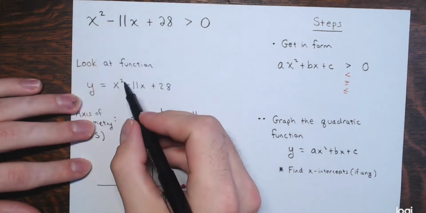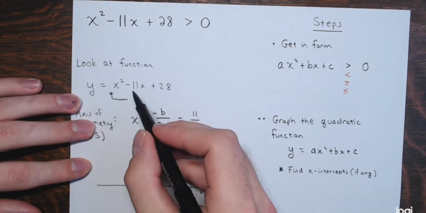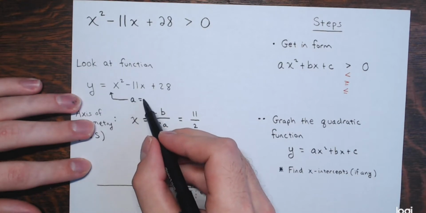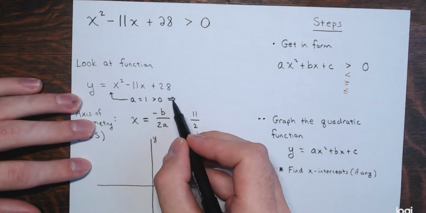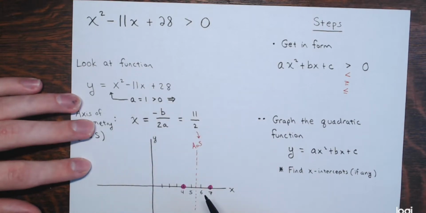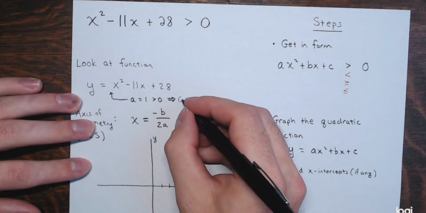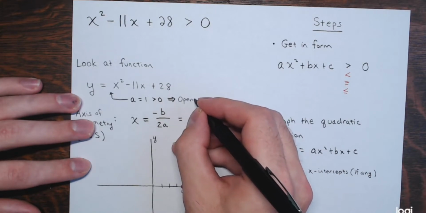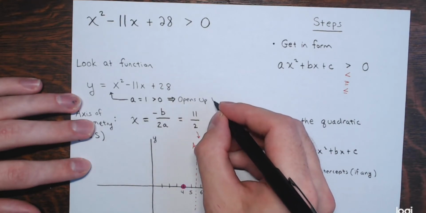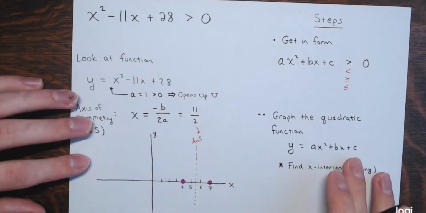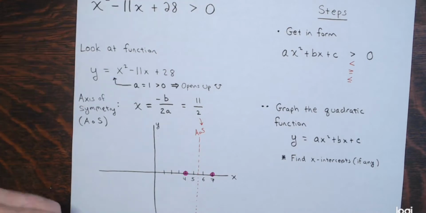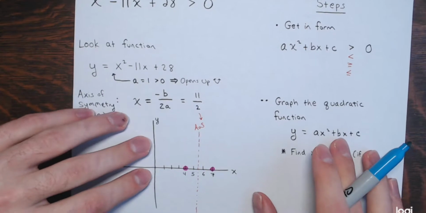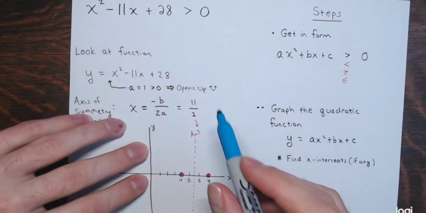The lead coefficient, a equals 1, which is positive, that means the parabola opens upward, like that. So if I know where the intercepts are and the axis of symmetry, I don't really need the vertex here. Again, I'm just making a very, very rough sketch to help me solve the inequality.